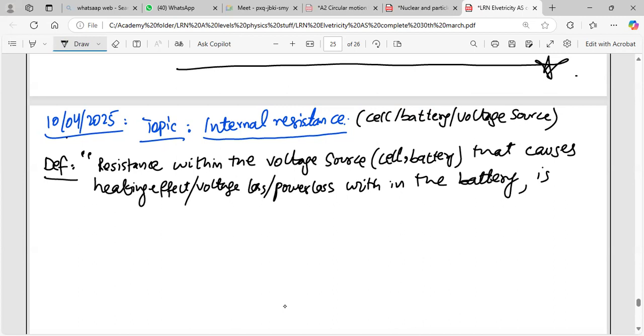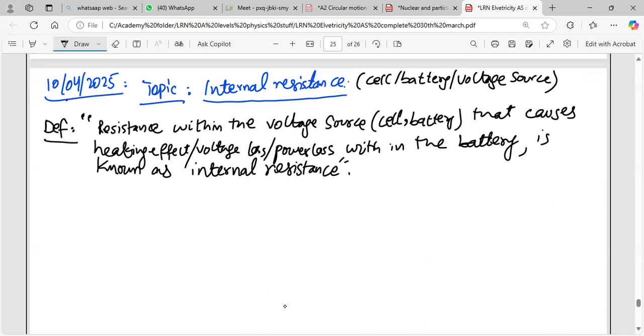This is known as internal resistance. So, internal resistance is basically the resistance that is inside the voltage source.